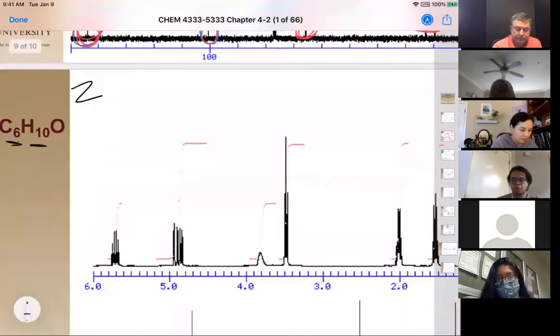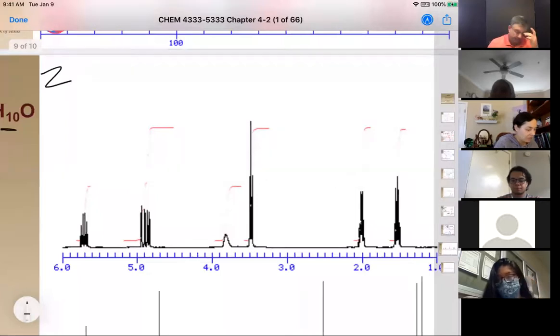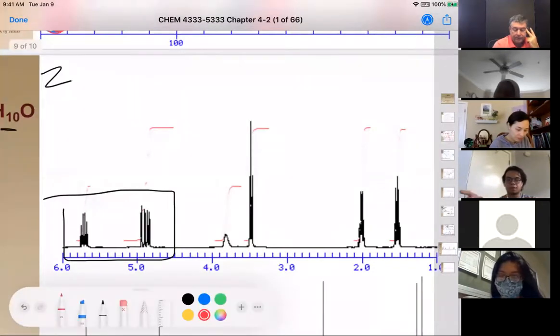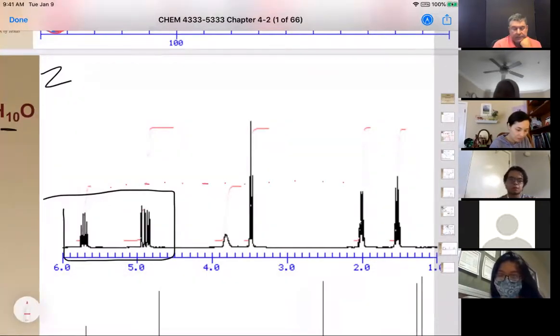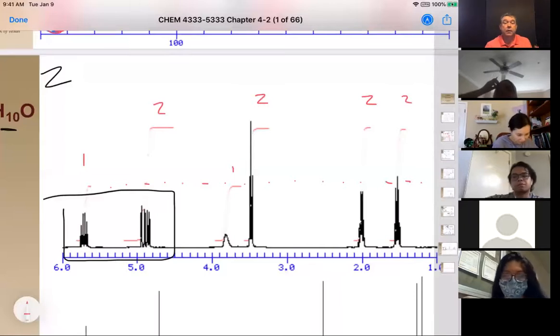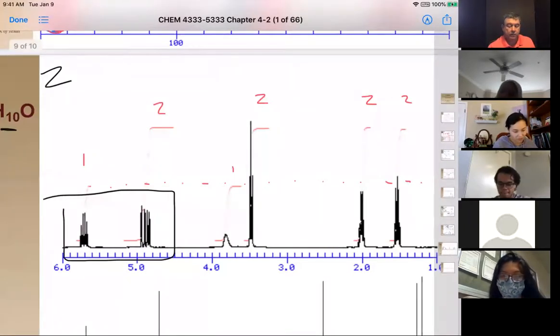Okay, so that's great. And from the look of it, we have a double bond right here. And looking at that relative ratio of peaks here, I'm going to say a 1 to 2 to 2 to 2 to 2 to 1. 1, 2, 3, 4, 5, 6, 7, 8, 9, 10. That matches the number of protons we have. So do we see where we got those integrations estimated that quickly?